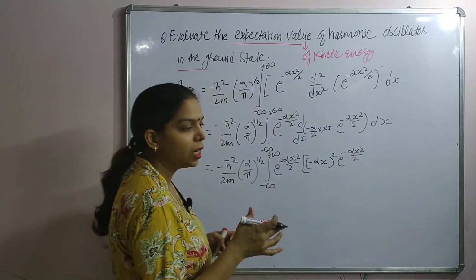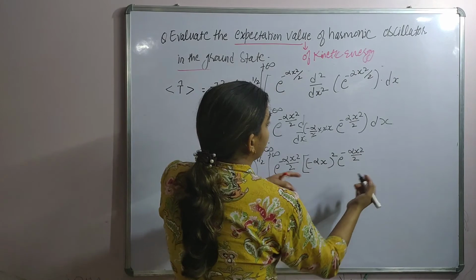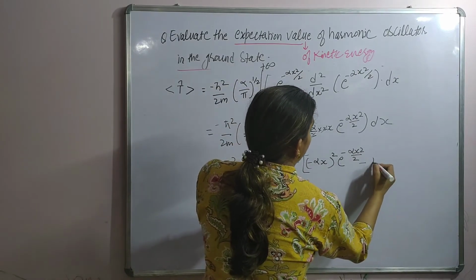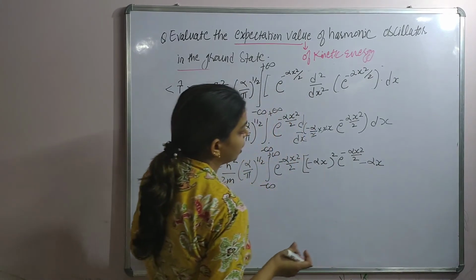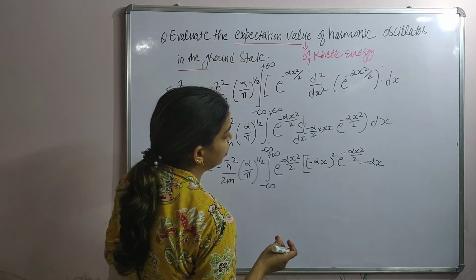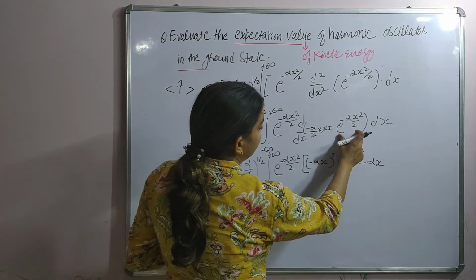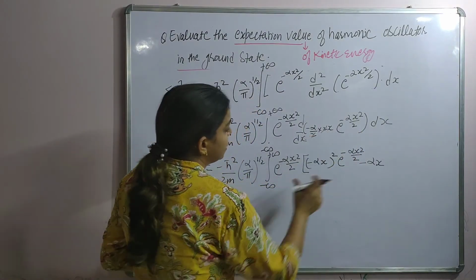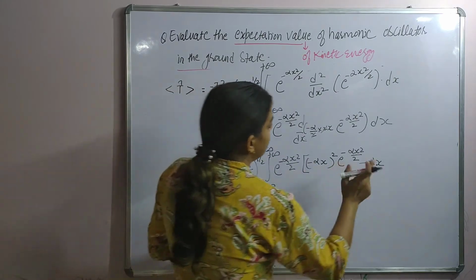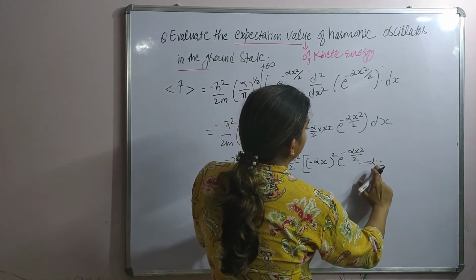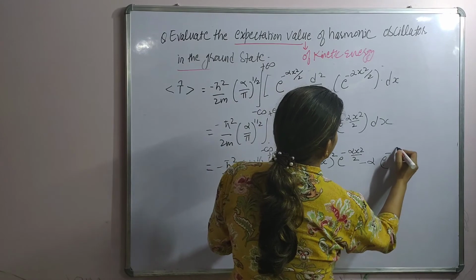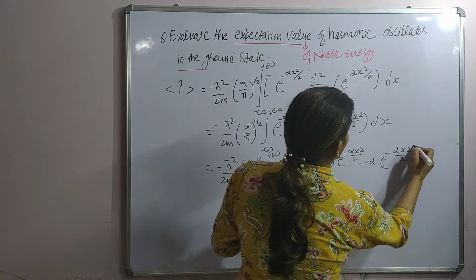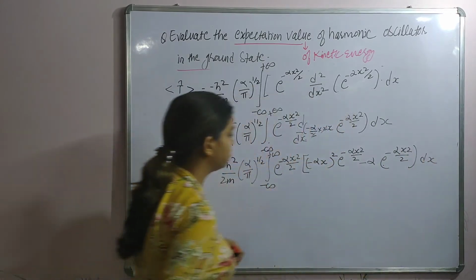I am doing it directly, you can do it stepwise. I have differentiated one function and kept the first function as it is. In the second term I will get minus alpha e raised to power minus alpha x square by 2 dx.